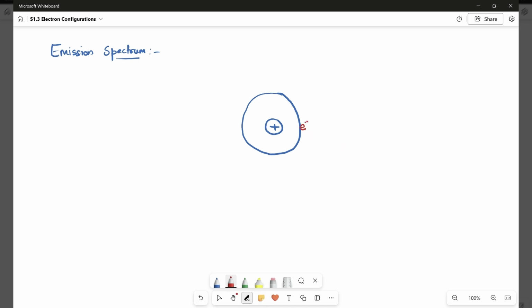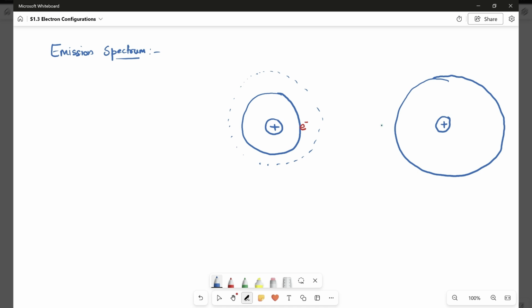There is another orbit, right? The dotted line shows that there is another orbit. You can see this is the bigger orbit. Let me draw it like this, right?